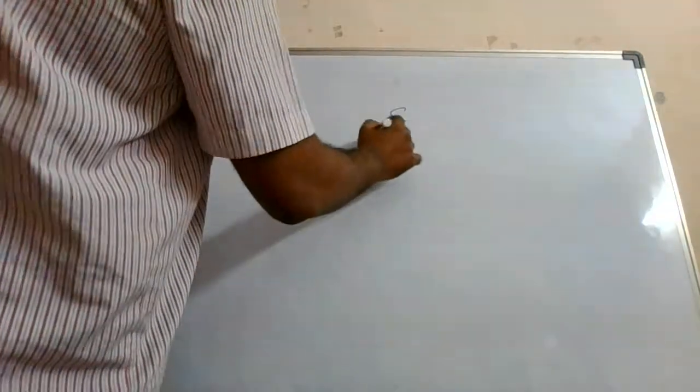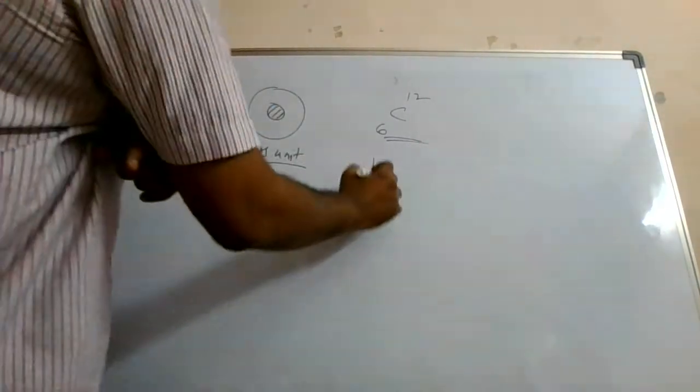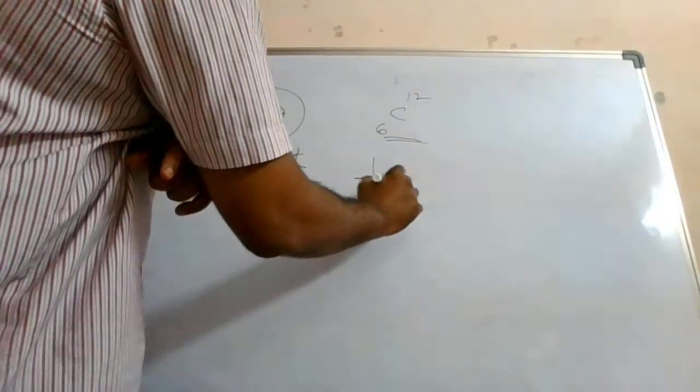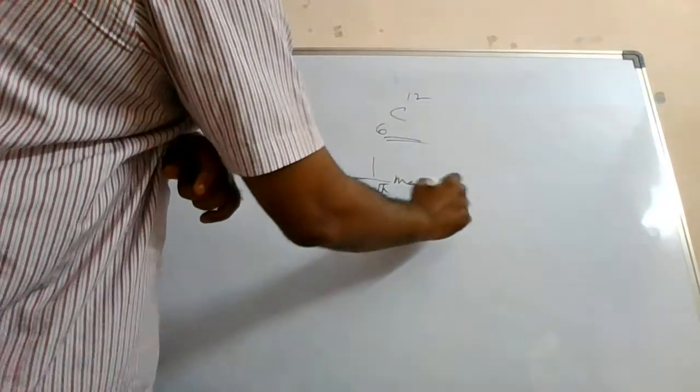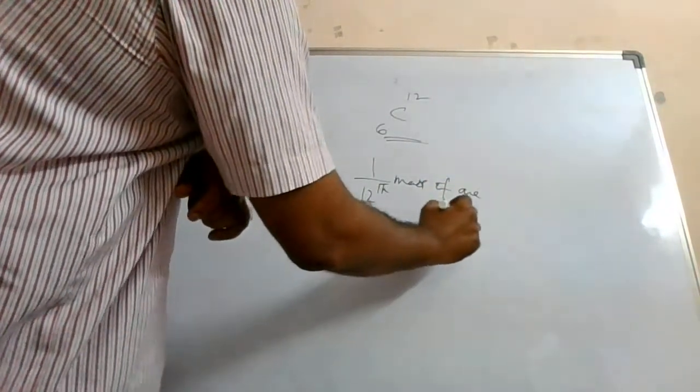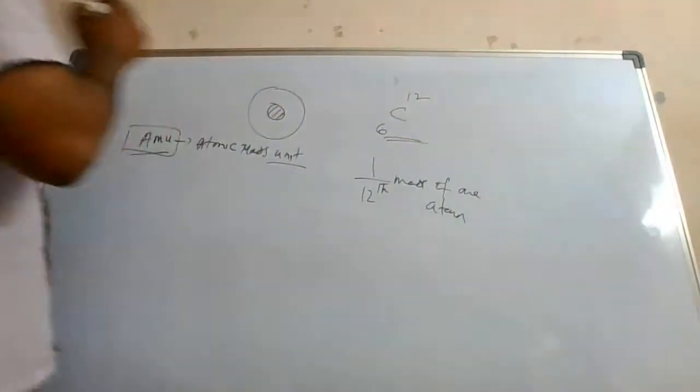Now you have this carbon isotope C-12. This atomic mass unit is defined as 1/12 the mass of one atom of this carbon isotope.